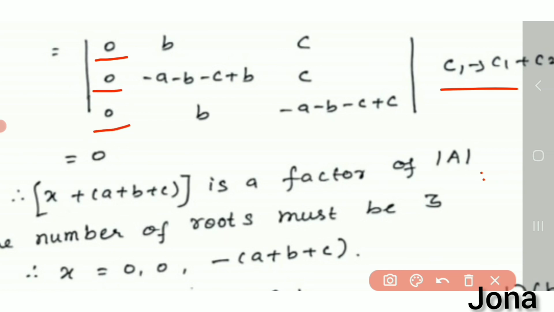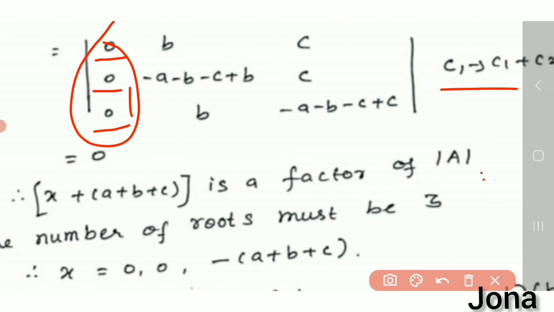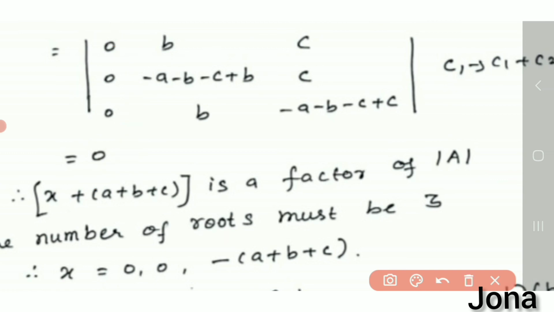If we take everything as C1 plus C2 plus C3 and keep it at C1, we have the value 0. So if we take the determinant value, the answer will be 0. Already we took x equal to minus a minus b minus c, so you can say x plus of this a plus b plus c is a factor of determinant Δ.